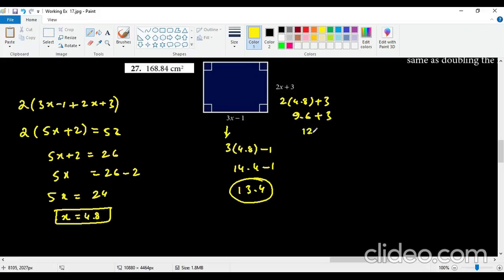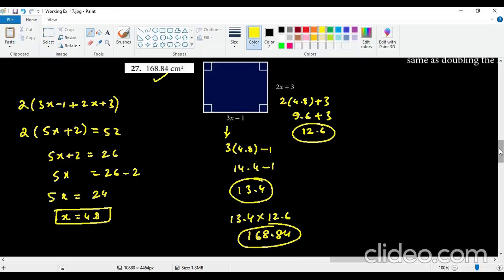So 13.4 times 12.6 is going to give us 168.84, which is the answer provided.